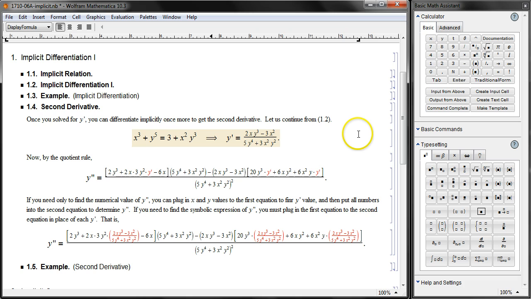We got that. And then we take the derivative once again, this time using the quotient rule. Wow. And this is what we get. You have u prime v minus u v prime in the numerator, and then you have v squared, so denominator squared, that's easy.